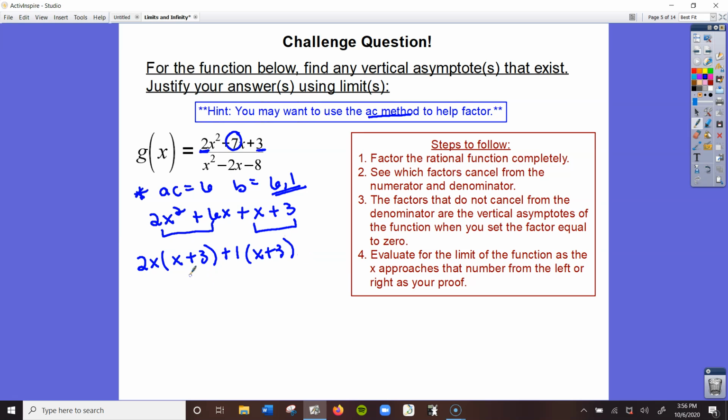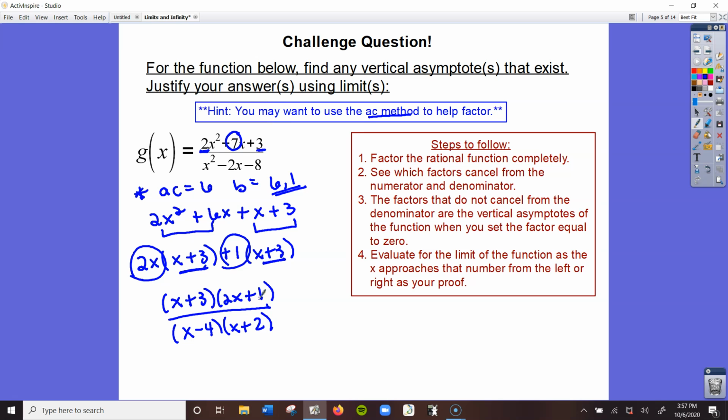Now, when you've factored by grouping, whatever is in the parentheses should be the same, which they are. And that is one of your factors. And then my other factor is what's left over, so that 2x plus 1. And then the denominator, x squared minus 2x minus 8, could be factored by x minus 4 and x plus 2.